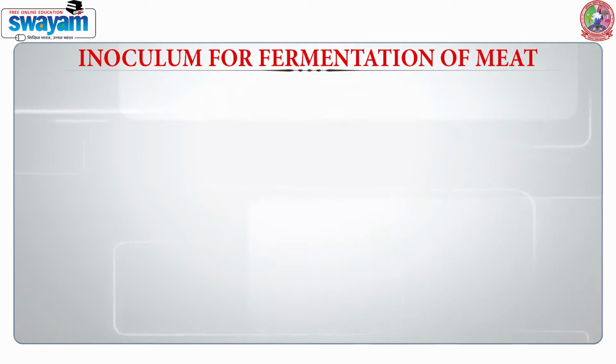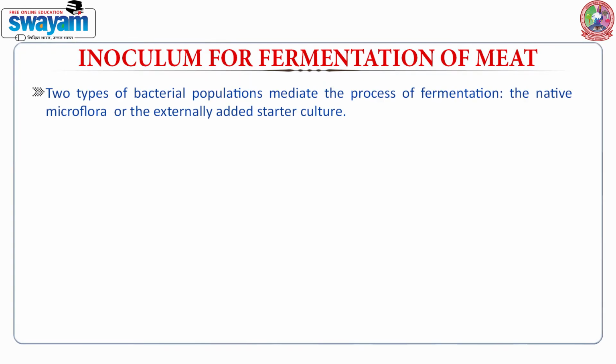Now let us look at the inoculum for fermentation of meat. There are two types of bacterial populations which mediate the process of fermentation. The first one is the native microflora, and the second one is that which has been added externally as a starter culture.